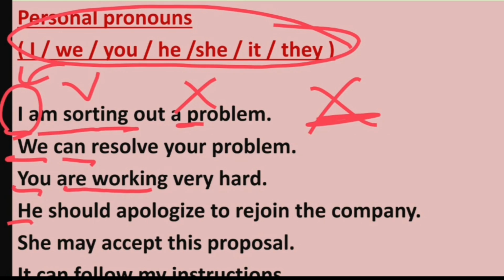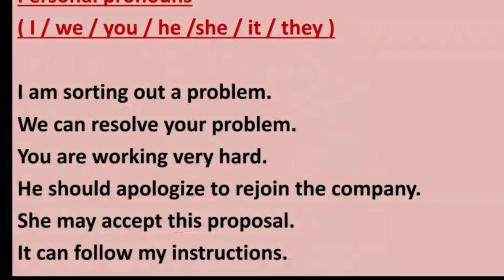He is a pronoun which is used before these verbs. She may accept this proposal. She is a pronoun which is used before these verbs. Last one, it can follow my instructions. It is used before can.